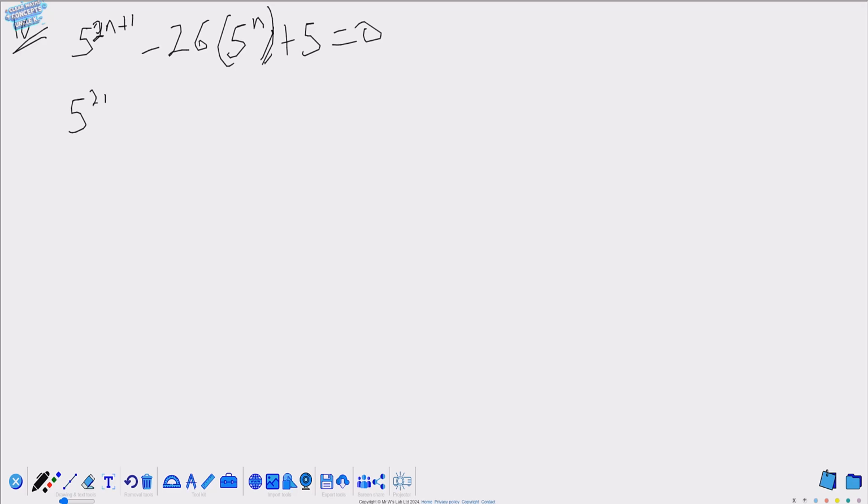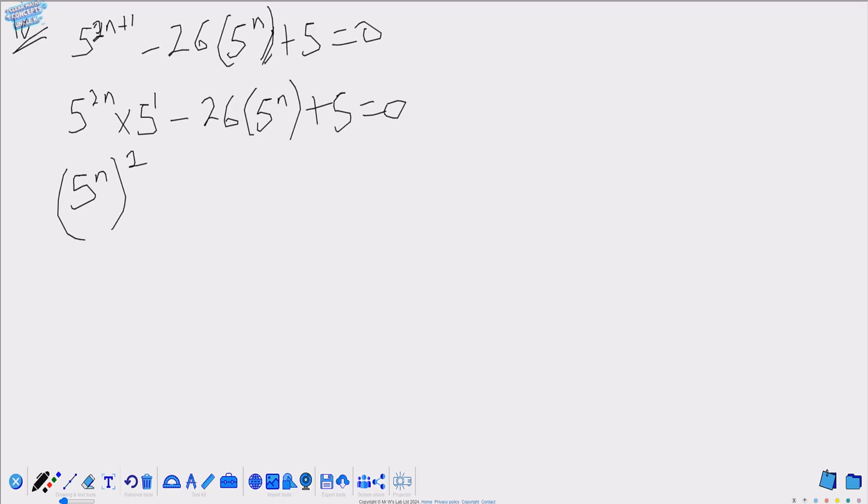So this can be written as 5 raised power n, all squared, times 5, minus 26 times 5 raised power n, plus 5 equals 0. I think it's similar to the question we just finished.